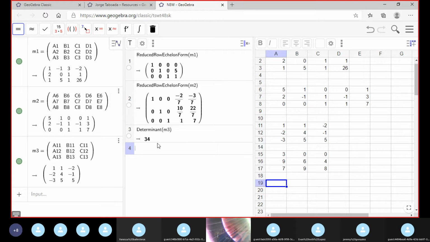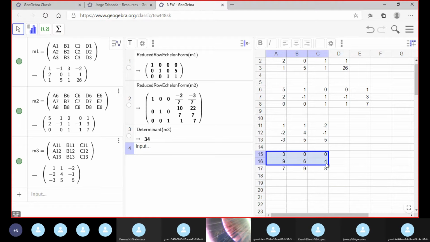Likewise, or similarly, I select this matrix. Okay. Right click.